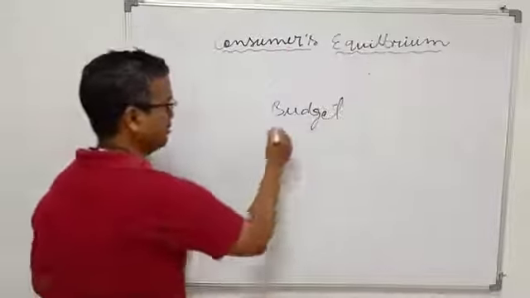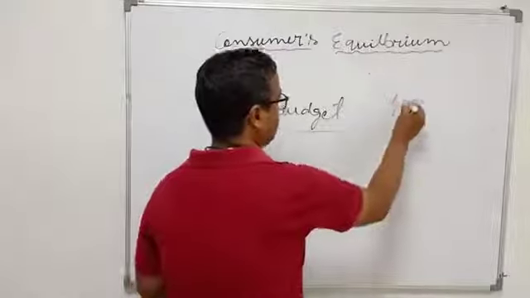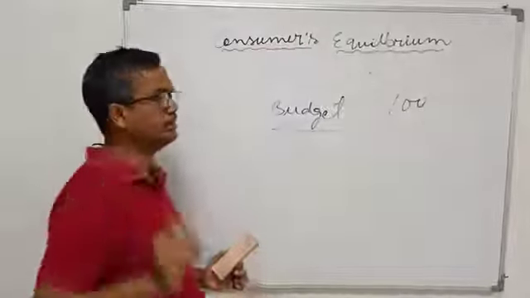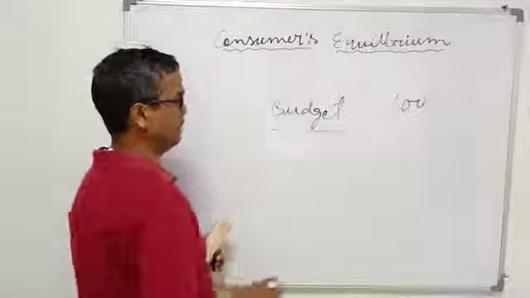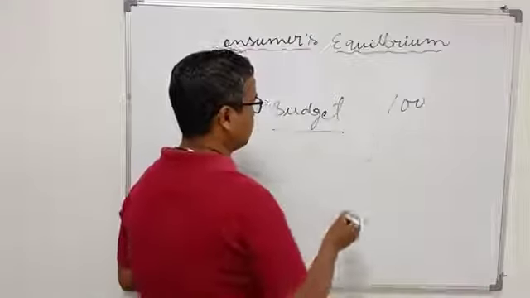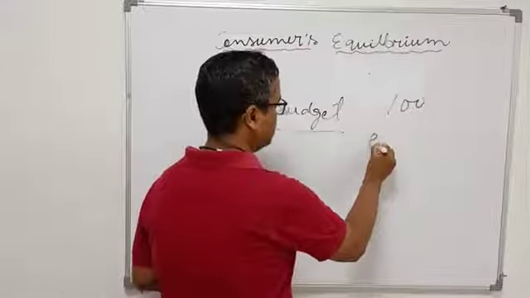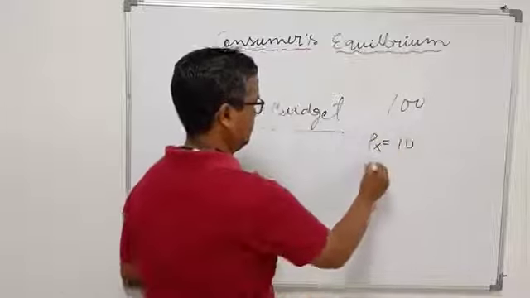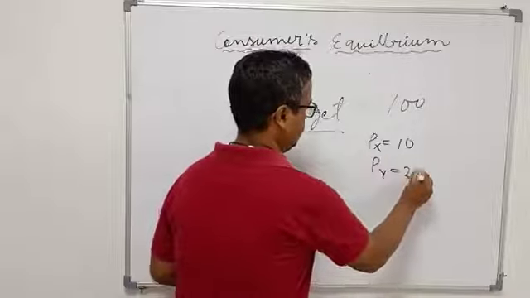Budget constraint, in simple terms: let us say you have 100 rupees as given income. We are considering two commodities, X and Y. Price of X is 10 rupees and price of Y is 20 rupees.